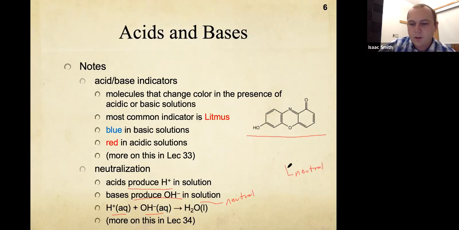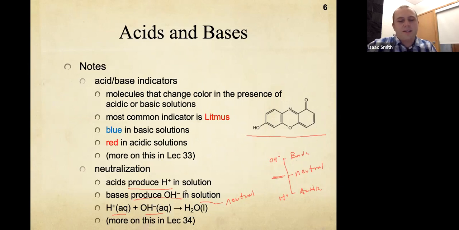But you have a neutral stage, and then you have basic on one end of the spectrum and acidic on the other. Acidic would be full of H plus ions, basic is OH minus, and in the middle, between these two, is your neutral, and that's water. Again, we'll talk about pH in lecture 34. So for this third exam, for right now, just know that acids and bases neutralize each other, basically.